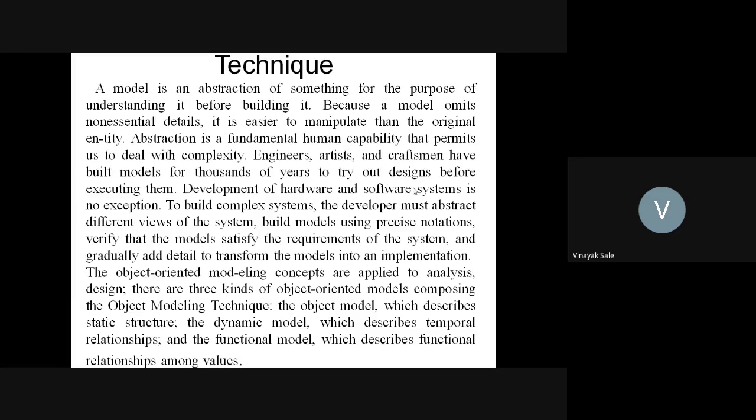A model is an abstraction of something for the purpose of understanding it before building it, because a model omits non-essential details. It is easier to manipulate than the original entity. Abstraction is a fundamental human capability that permits us to deal with complexity.